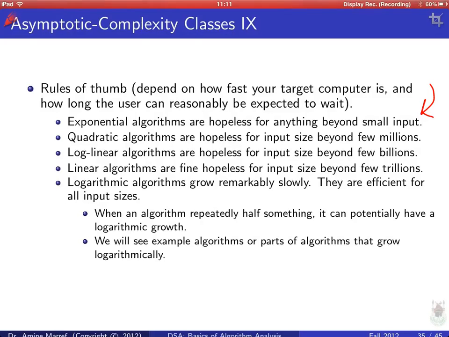Sometimes I tell you, n is 10 to the 6, and the growth function f of n equals log n. And I ask you, what is f of 10 to the 6? That's log 2 of 10 to the 6. Now, instead of using a calculator and wasting time, 10 to the 6 is 1 million in the decimal system. Now, 1 million in the decimal system becomes 2 to the 20 in the binary system.